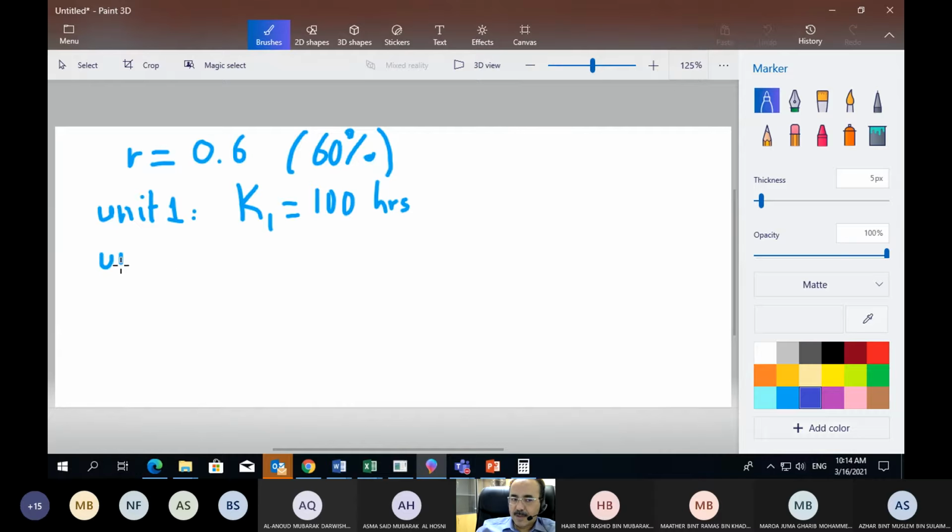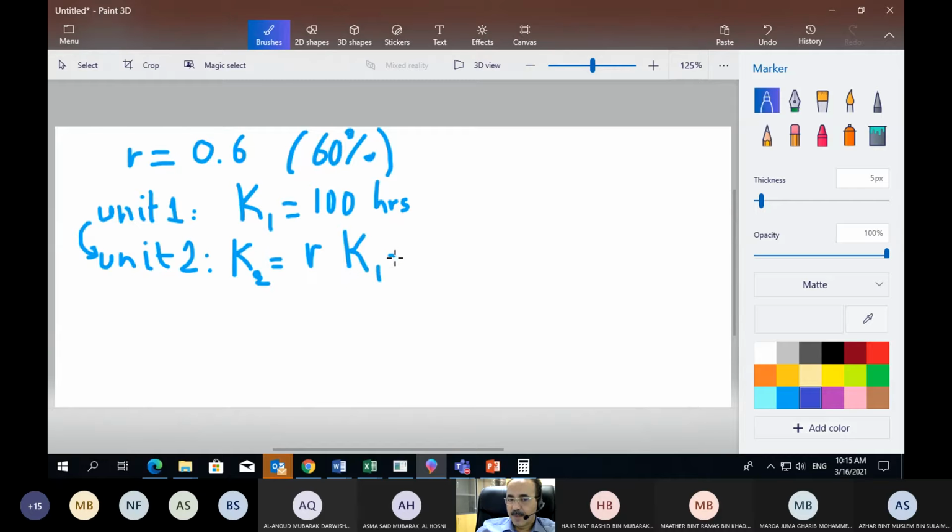For the second unit, what this means is the following. Because now we have doubled the production. 2 is 1 times 2. Double the production. Then the time it takes is R multiplied by K1.